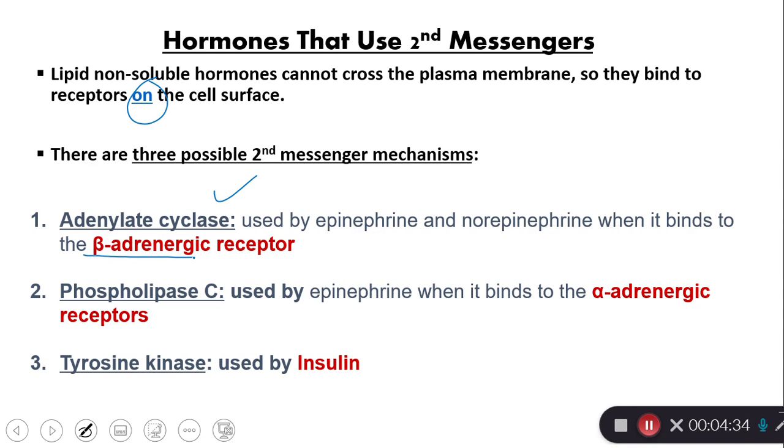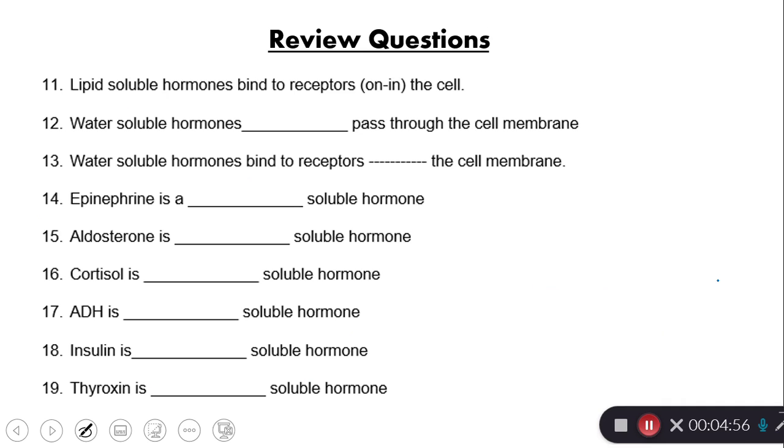The secondary messenger phospholipase C is used by epinephrine when it interacts with the alpha adrenergic receptors, and the tyrosine kinase secondary messenger is used by insulin. Those do not produce a protein. They work through changes in the enzymes. So their action is faster than the lipid-soluble ones.